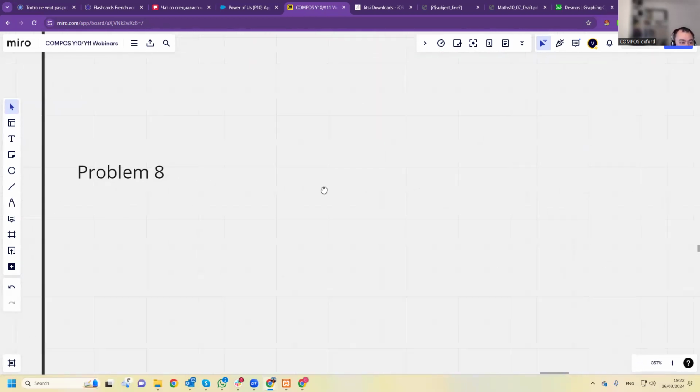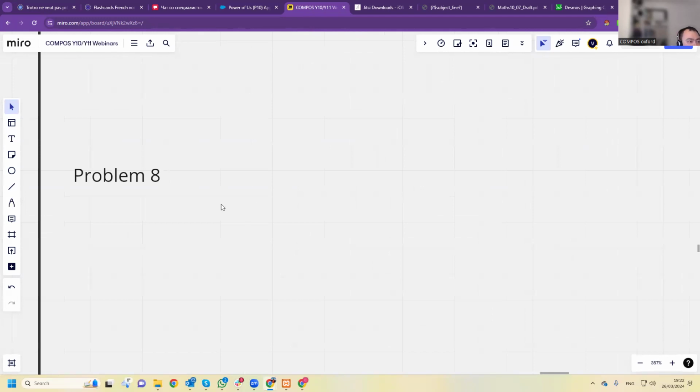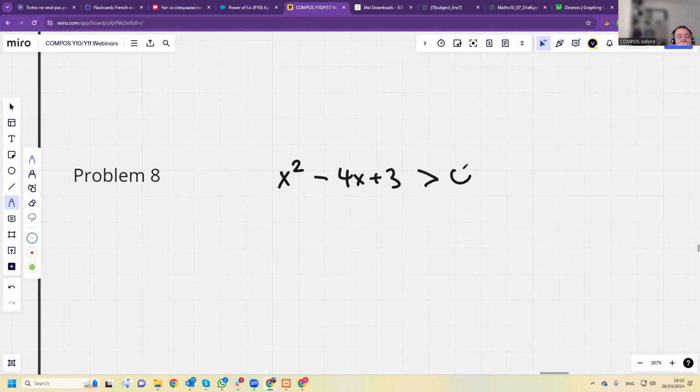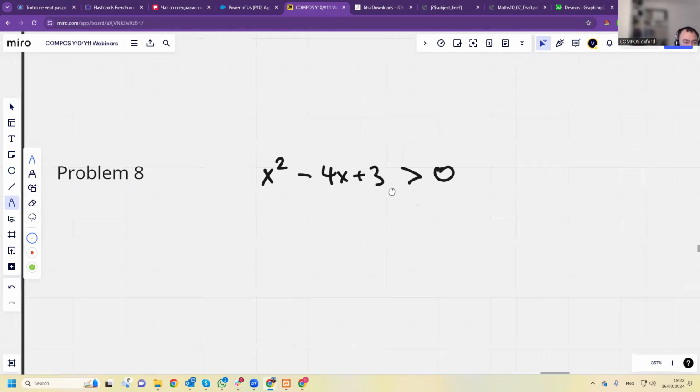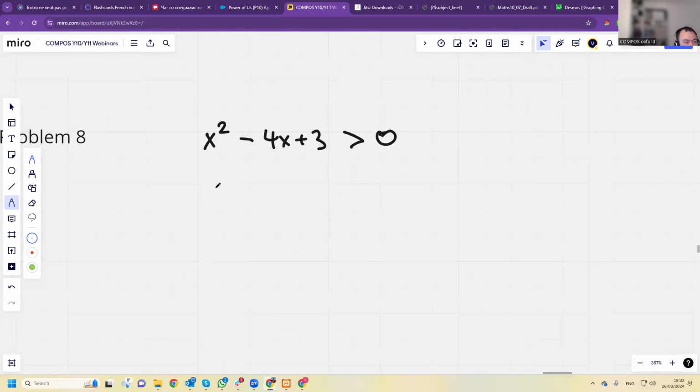But let's say we have an inequality, for example, x squared minus 4x plus 3 greater than 0. So we can factorize it: x minus 3, x minus 1 greater than 0.